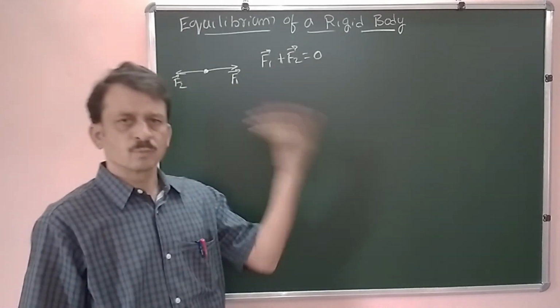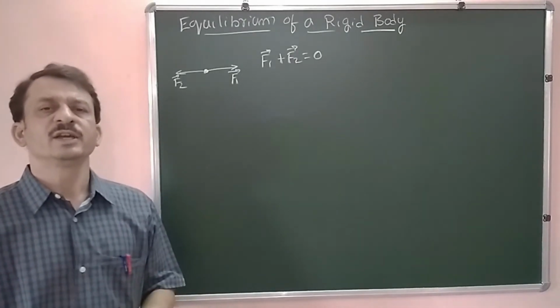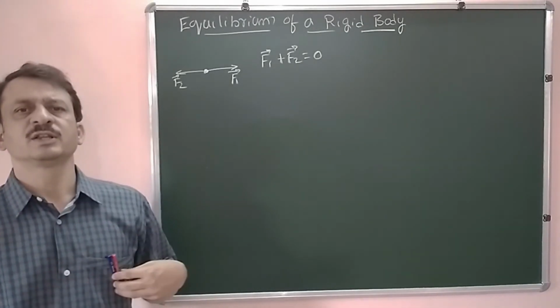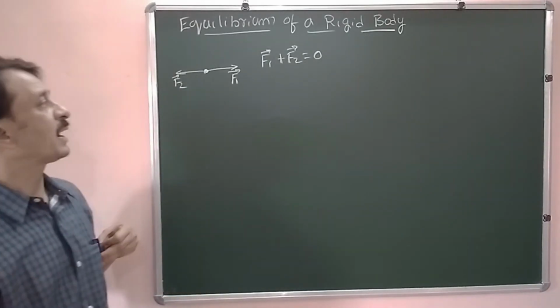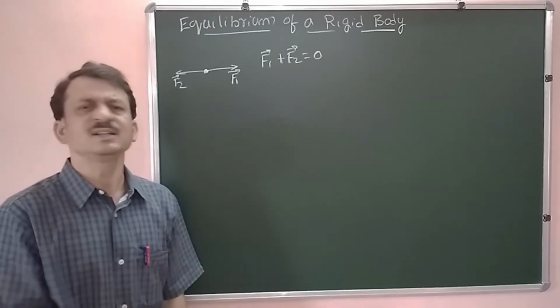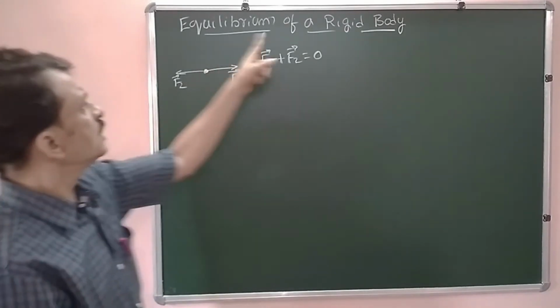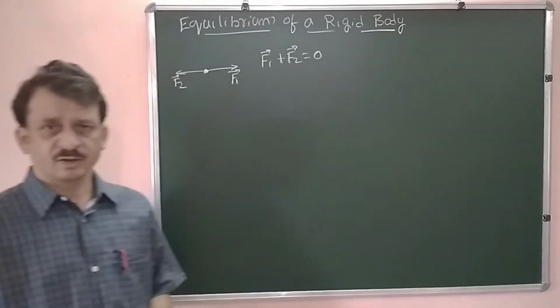Similarly, if more than two forces are acting at a point and their vector sum is zero, then the particle is said to be in translational equilibrium. Now we are going to study equilibrium of a rigid body.